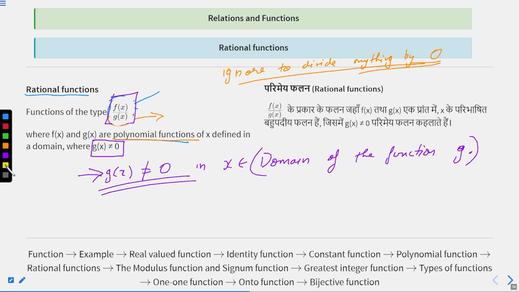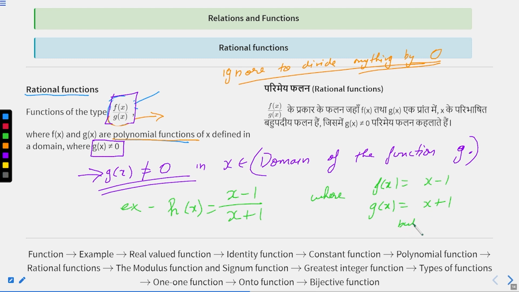Okay, for example, say your rational function will look like this: h(x) = (x minus 1)/(x plus 1), where f(x) is equal to x minus 1 and g(x) is equal to x plus 1.